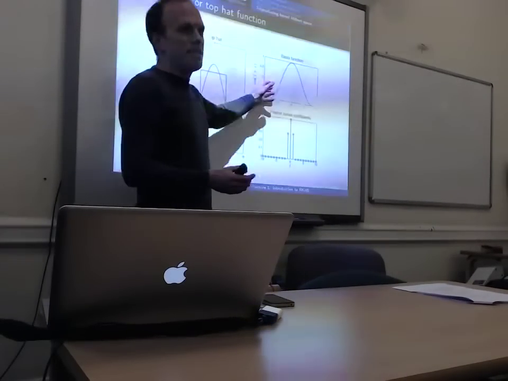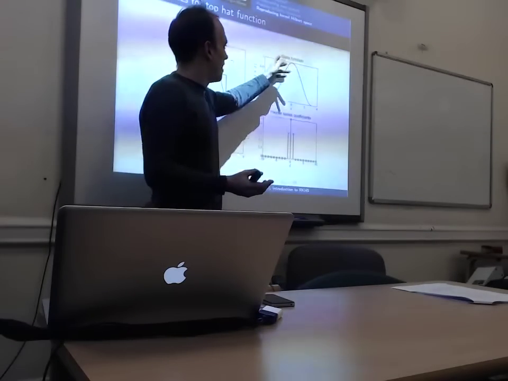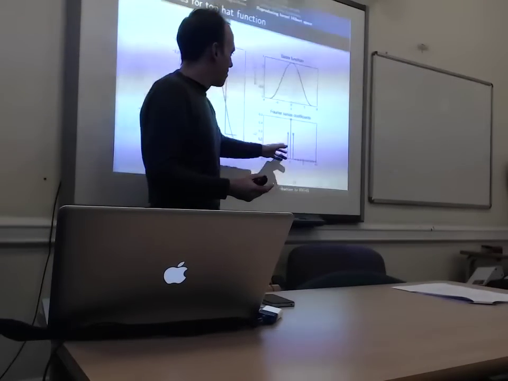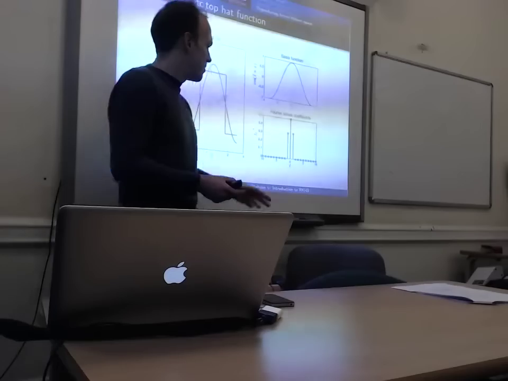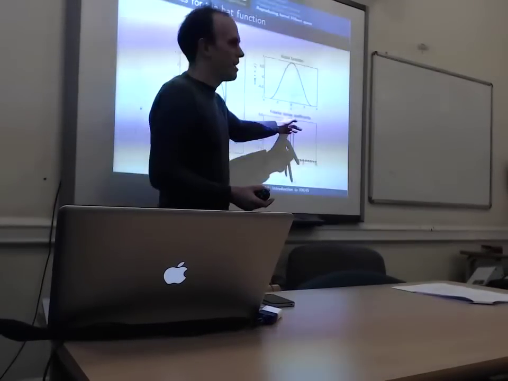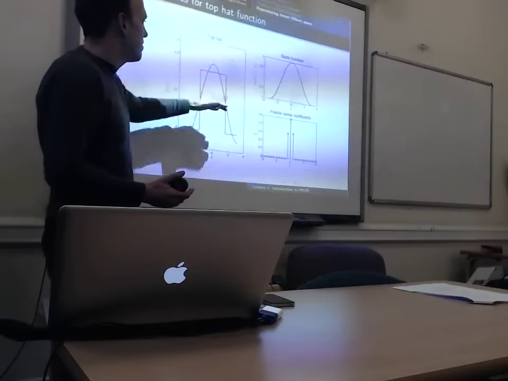I'm going to be building this red function up using these basis functions I'm going to draw here. And I'm going to multiply these basis functions by the coefficients that I've got in this corner here, okay? Right now I've just got a constant offset, so I'm pushing this up by some amount.